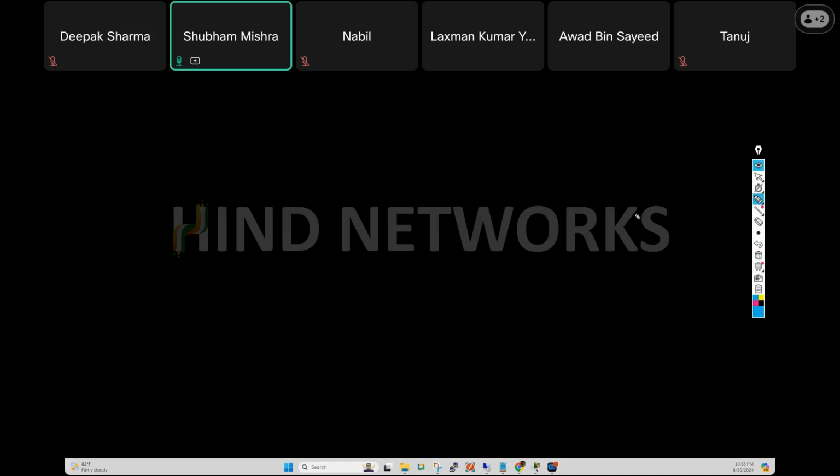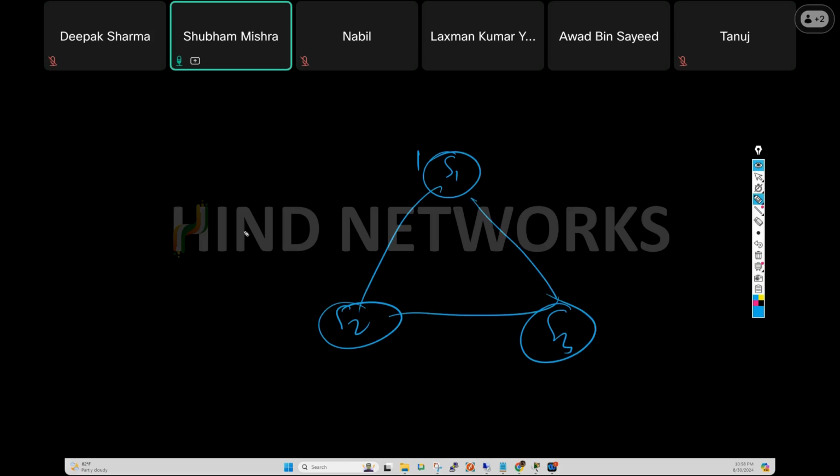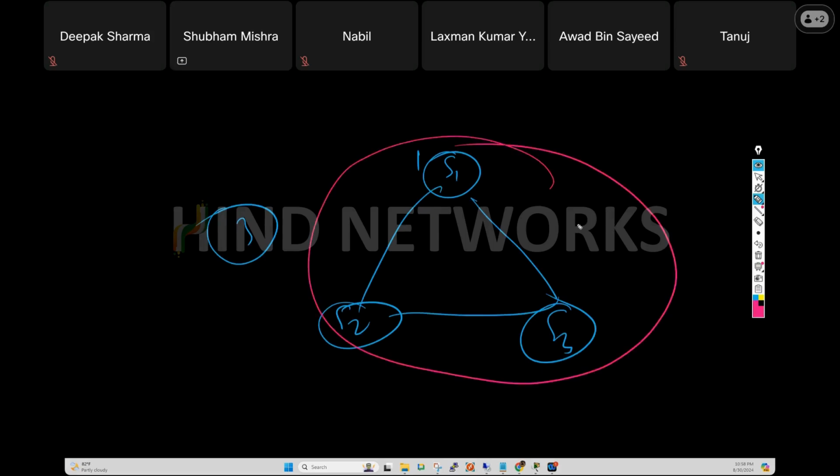Similarly, in case of network, guys, if we have a topology like switch 1, switch 2, switch 3, how many switches are there? 3 switches. Among these 3 switches, one switch will become the leader, and according to that leader, every decision will take place in your topology.